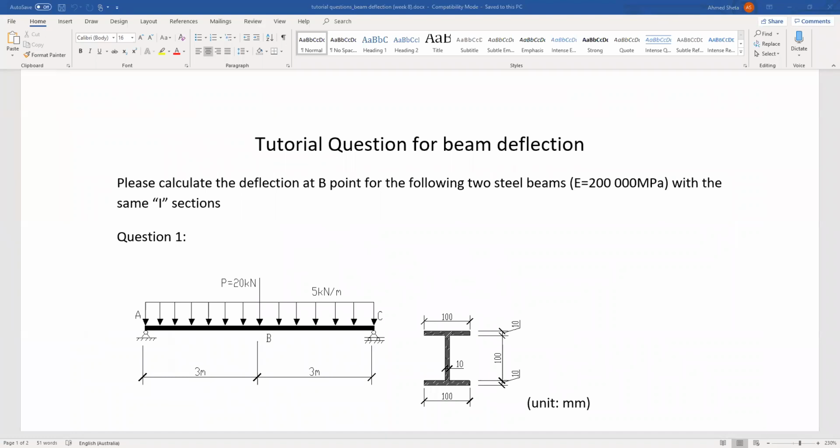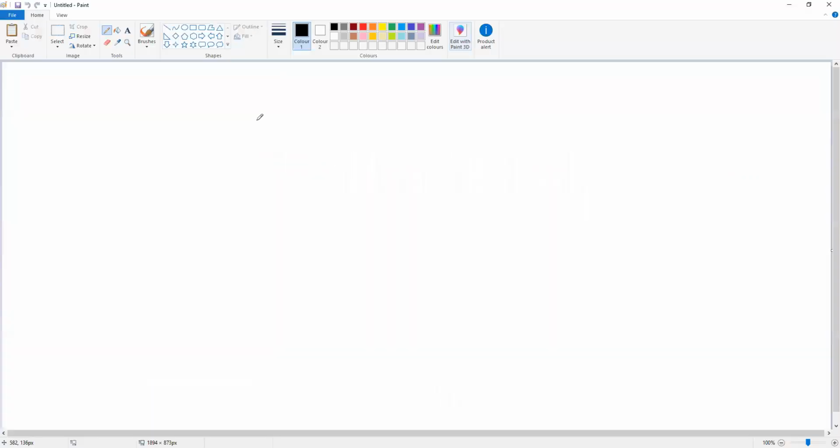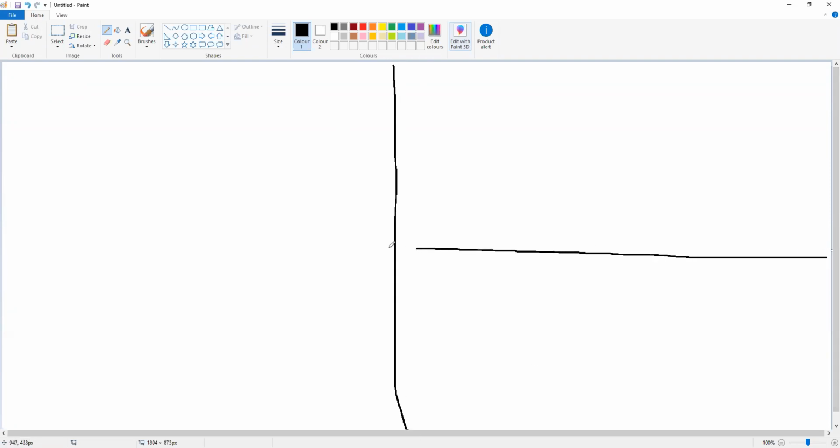But before I start, I will give you some basic formulas to keep in mind, because we will need them in our calculation. Okay, we have 4 cases of beam deflection, 4 basic cases.